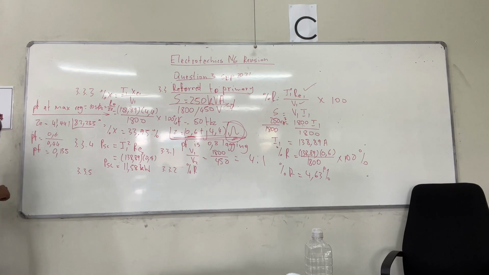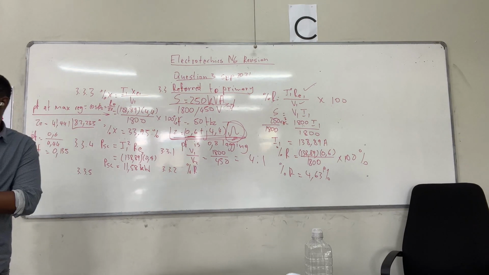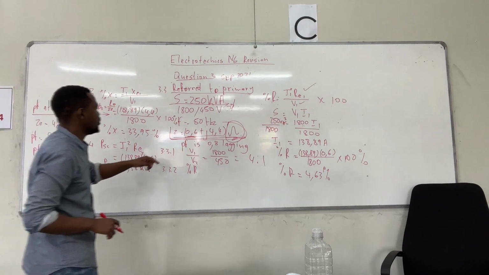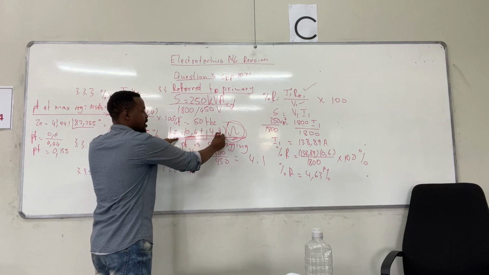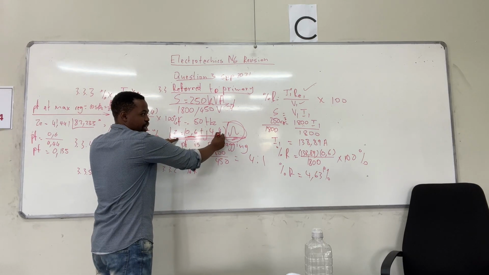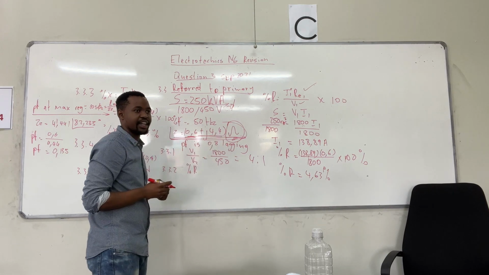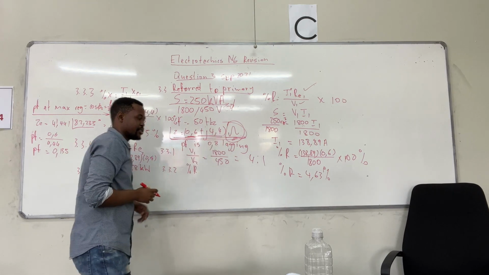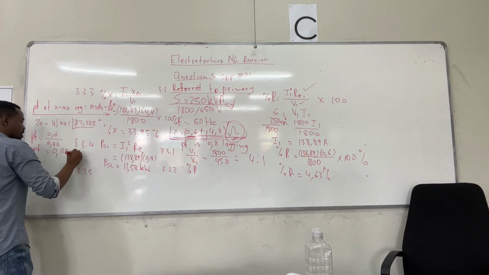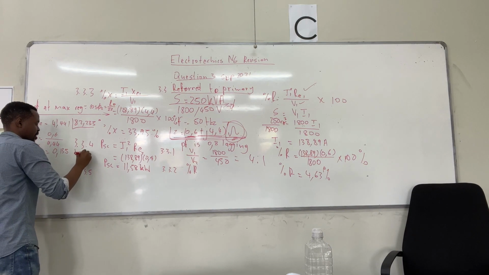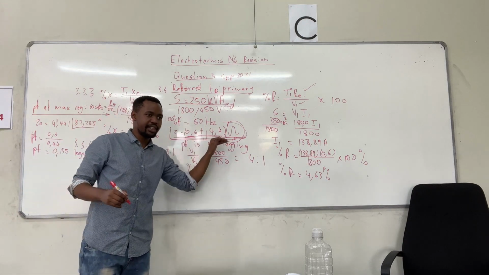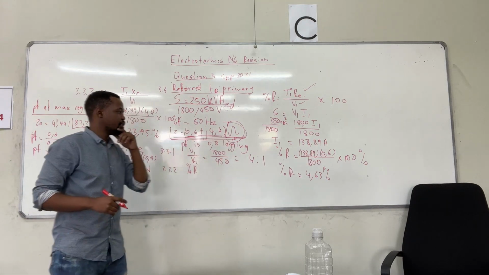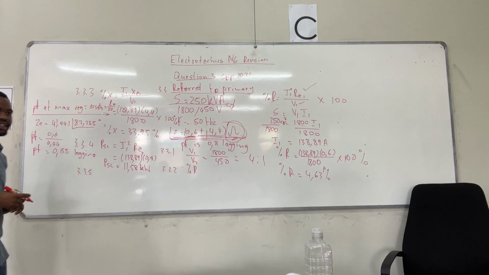The power factor is 0.135. Is it leading or lagging? Look at the reactance: what type of reactance? Inductive reactance, so it is lagging. If it were negative, we would have a capacitor, so it would be a leading power factor. Make sense?